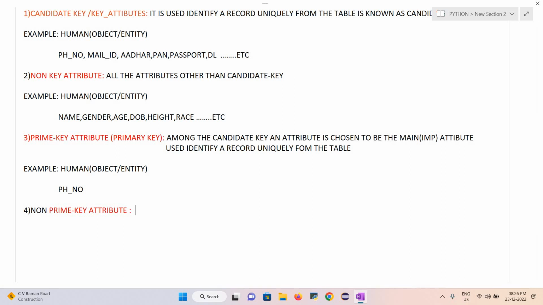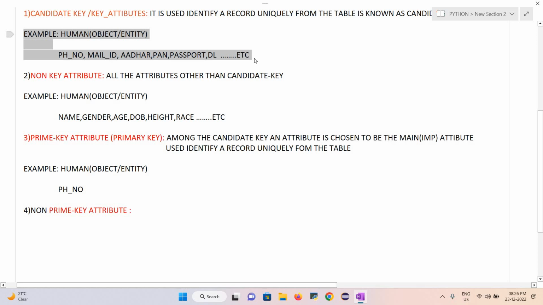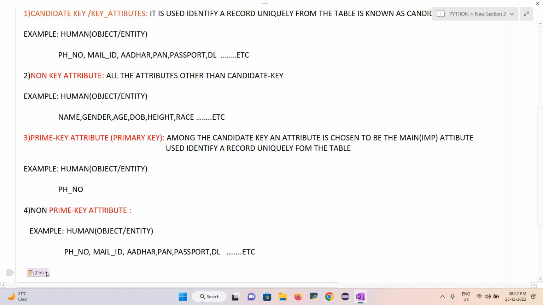The remaining candidate keys, okay, I have selected this phone number as my prime key attribute. The remaining attributes are called non-prime key attributes, because I didn't select them over here. So that's why I would say these are all non-prime key attributes.